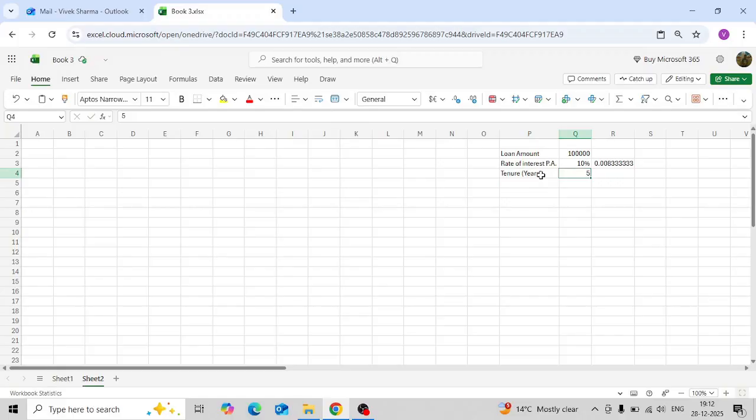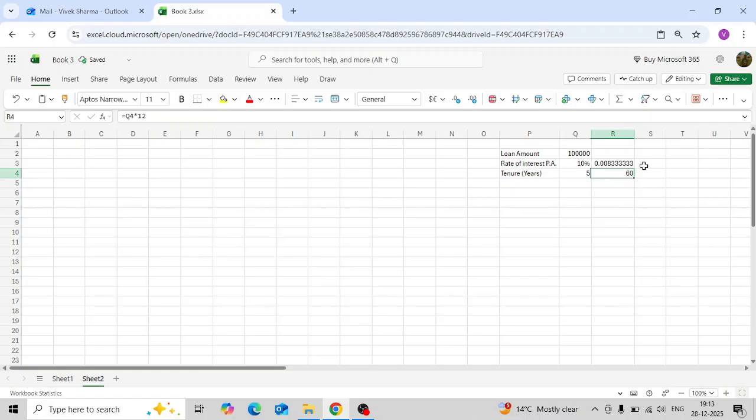So when we calculate the EMIs, it would be monthly. So to calculate the number of months for 5 years, we just multiply years with the number of months in a year to get total months. So it will be nothing but number of years multiplied by 12 to get the number of months.